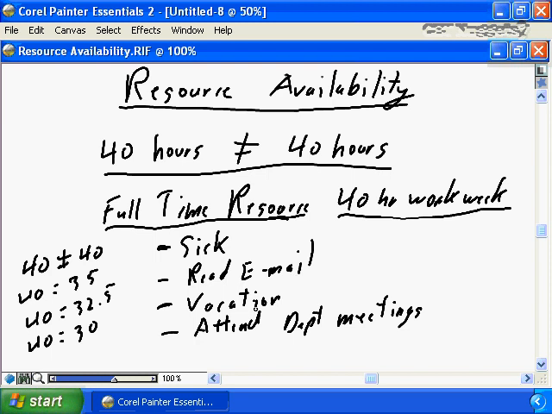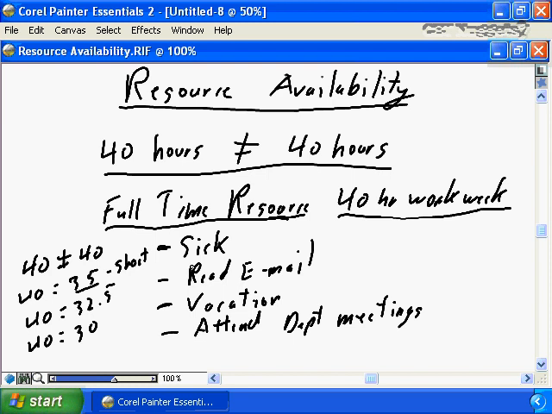The resource will probably definitely not be taking vacation, and you may know there are no departmental meetings coming up during the time that resource is working on your project. So maybe a higher number, maybe 35, is the appropriate number for short assignments.